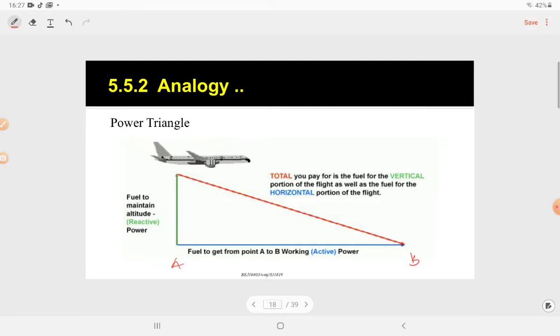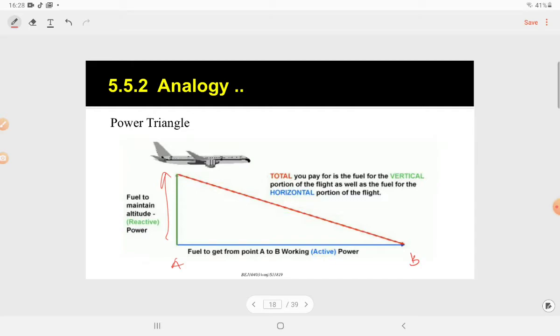So therefore, in order to go from point A to B, the aeroplane itself needs to move upwards, right? So in order to take off, you need fuel to maintain the altitude of the aeroplane.